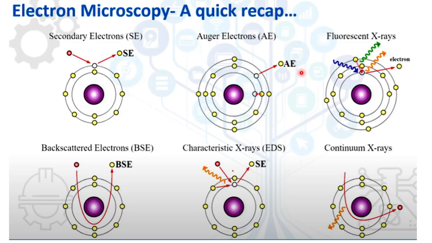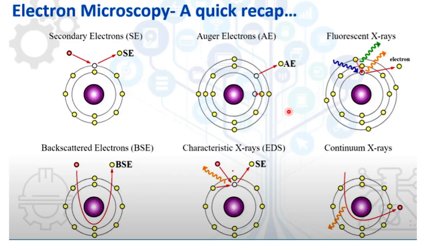That is the Auger electron. That excess energy can also be released by releasing X-ray. So that is continuum X-ray. Then you will get the X-ray, and you can detect that X-ray. Another is the backscattered electron. So these are the different electrons that are generated, and we can detect different electrons for different electron microscopes.